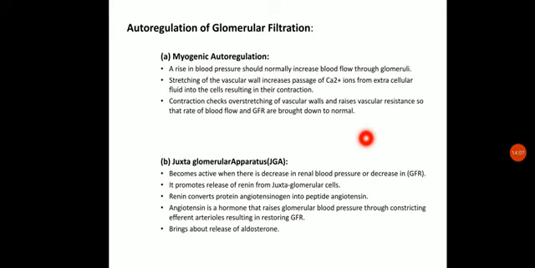This contraction checks the overstretching of vascular walls and raises the vascular resistance. So the rate of blood flow, or the GFR, is brought down to the normal condition. The stretching causes an influx of calcium ions, due to which the wall contracts, and hence the stretching is checked by the contraction and the GFR is brought back to normal.